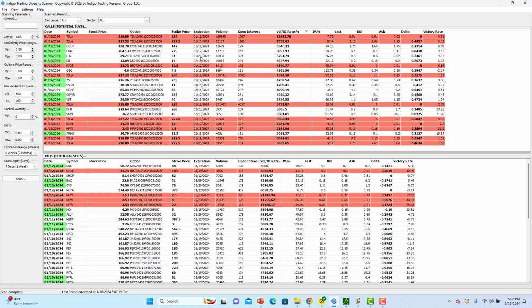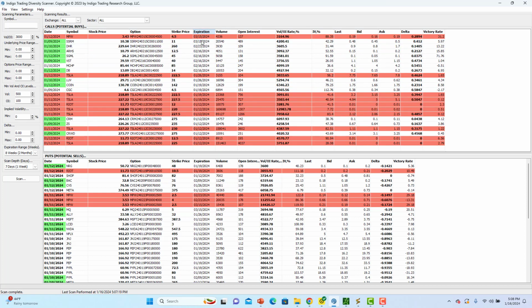So you want to see the ones that aren't already expired. I want to see the ones that are coming up that haven't expired. For example, a big option in Coinbase to expire the 19th, playing the 142 calls when there was only 199 open. So I really pay attention to the volume against open interest.